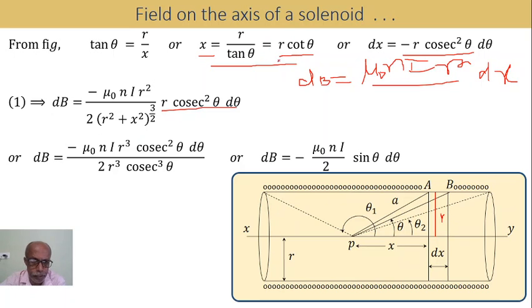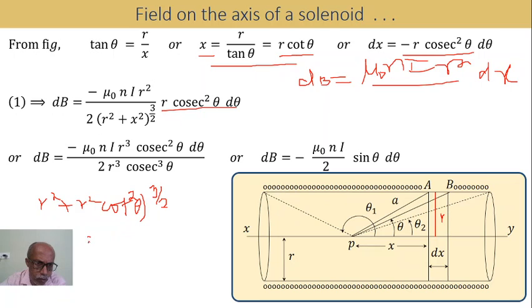So if we substitute, see what happens in the denominator. We get r square plus x square whole power 3 by 2. Here r square as usual is r square itself, plus x square is r square cot square theta, so r square plus r square cot square theta whole power 3 by 2.